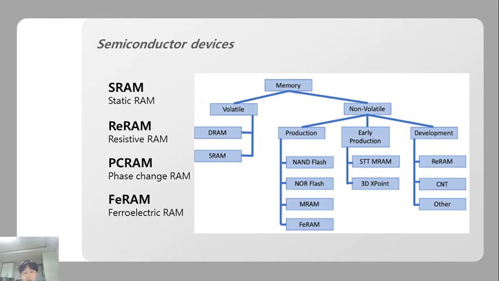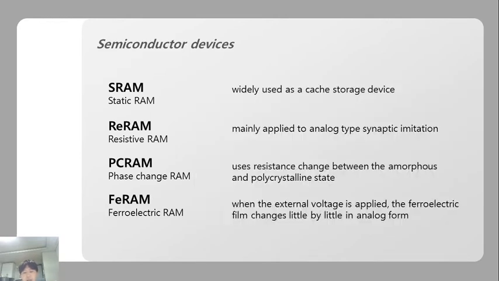Also, there are some other semiconductor devices. SRAM is a silicon-based device that is proper to mass production and has high reliability. Also, the resistive RAM has a device using a material oxygen vacancy filament and a device using a cation channel.